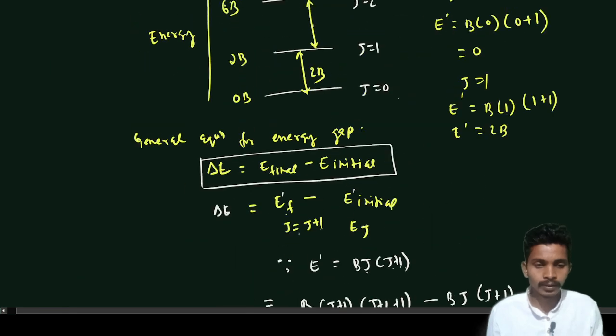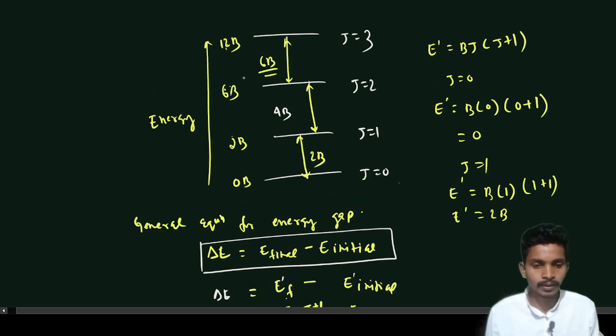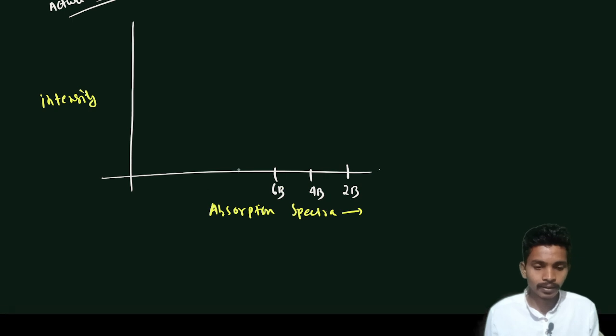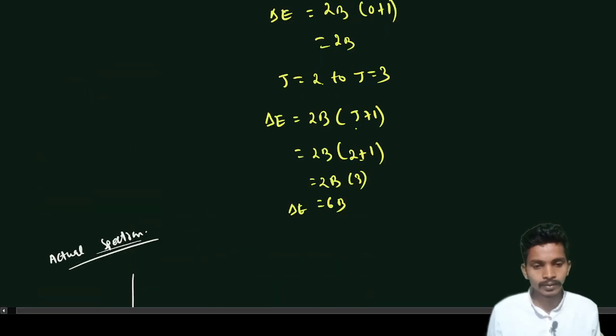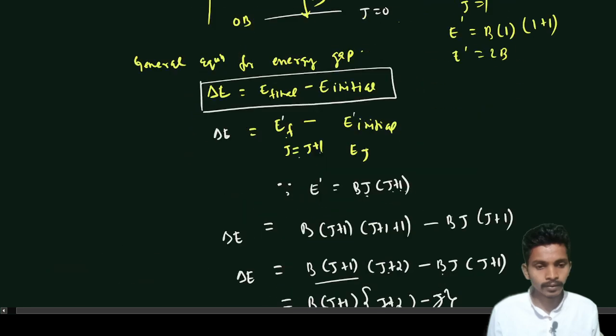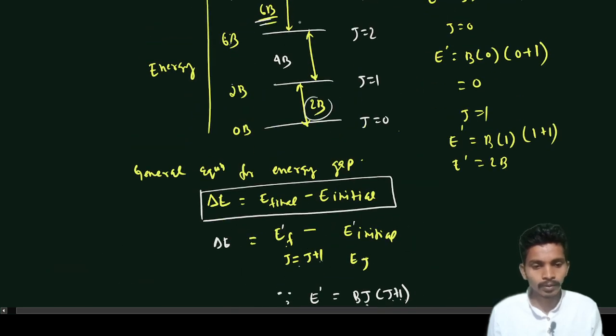This value here is 2B, here is 6B minus 2B, that is 4B, and this is 12B minus 6B, that is 6B. So these energy gaps will be 2B, then 4B, then 6B, then 8B, then 10B, and then 12B. Like this the energy gaps will be between them.